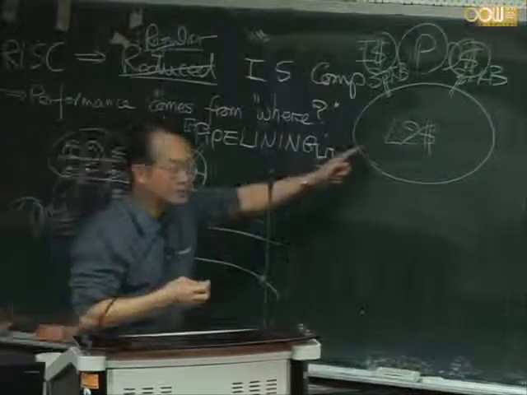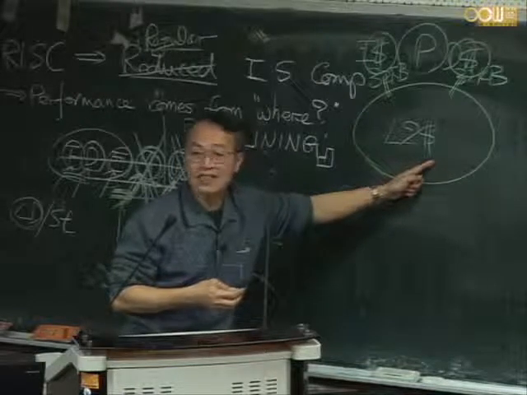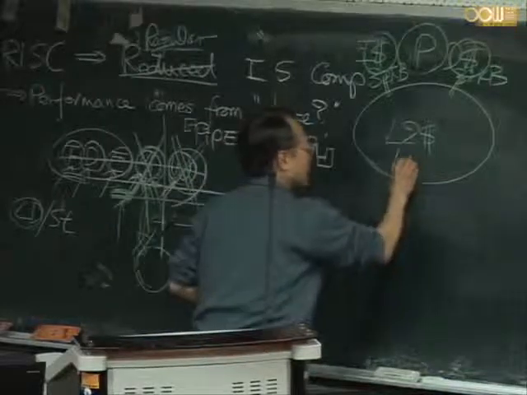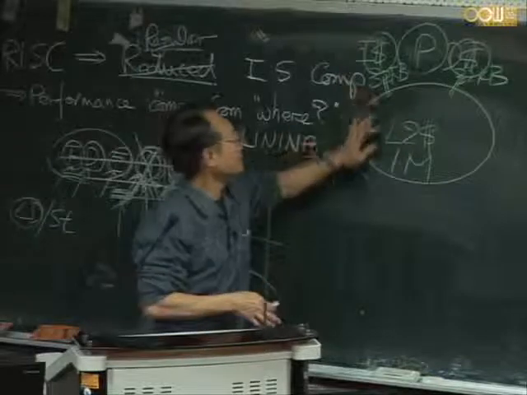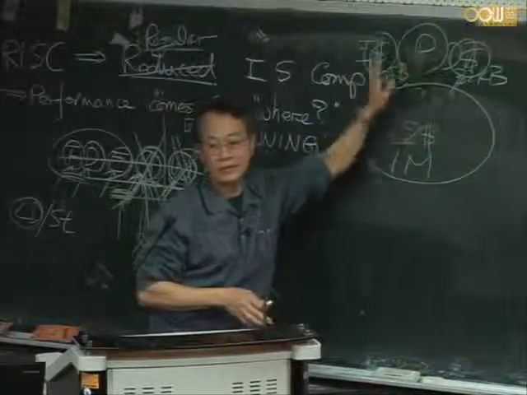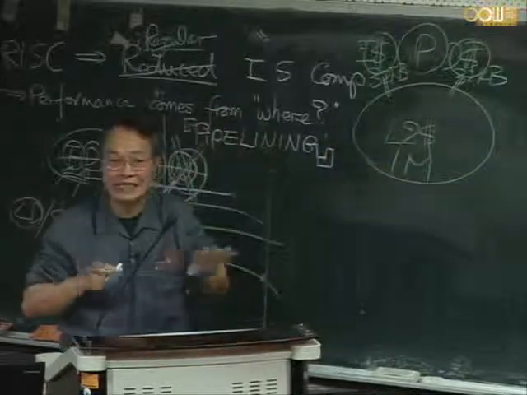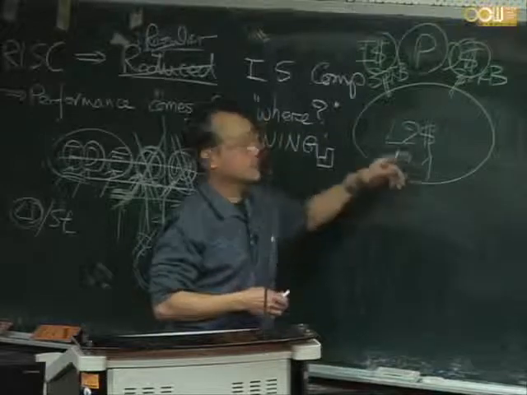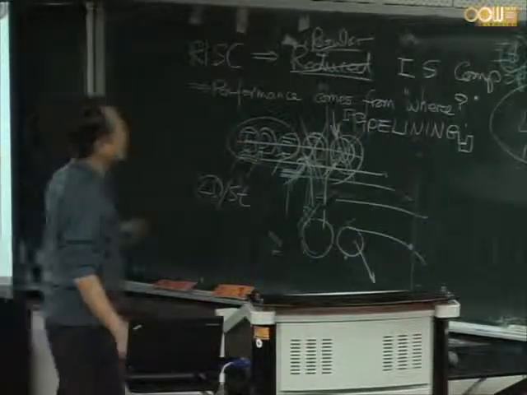And the size of this level 2 cache is not a concern. These days it can be 1 mega, certainly much greater than these two. But the sizes of these two are always constrained because these two need to run as fast as a 5 gigahertz processor.